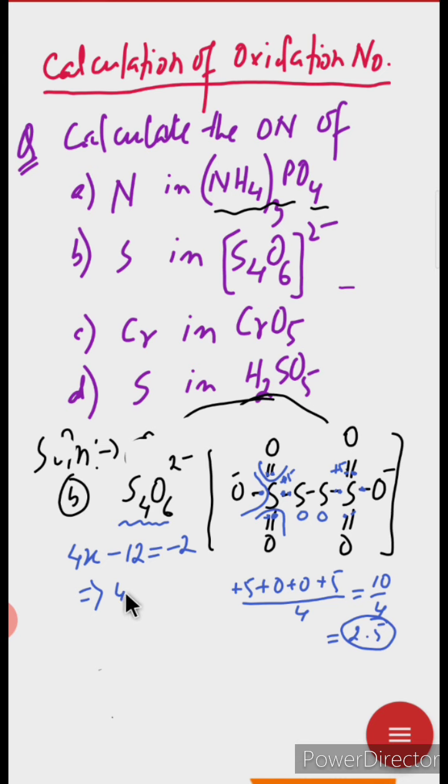So this is 4X, and the -12 comes to this side: 12 minus 2 will be 10. This is +10, therefore X will be +10 by 4, that is +2.5. This is the oxidation number of sulfur in this ion. I hope this question is clear.